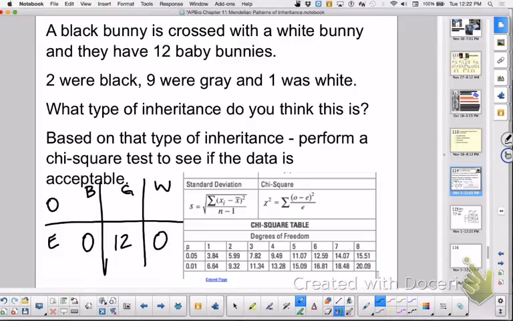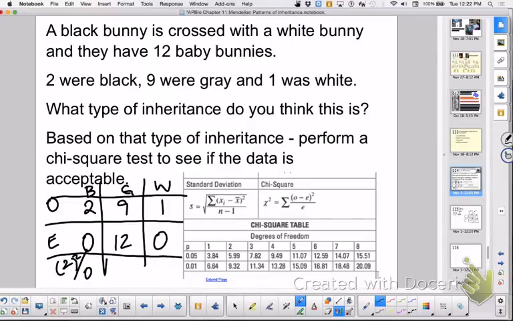And how many did we get? 2 were black, 9 gray, and 1 white. Now we need to do our observed minus our expected squared. So observed minus expected, 2 minus 0 is 2. Then we square that, 2 squared, over what we expected, which would be 0. And then here, 9 minus 12 is what?